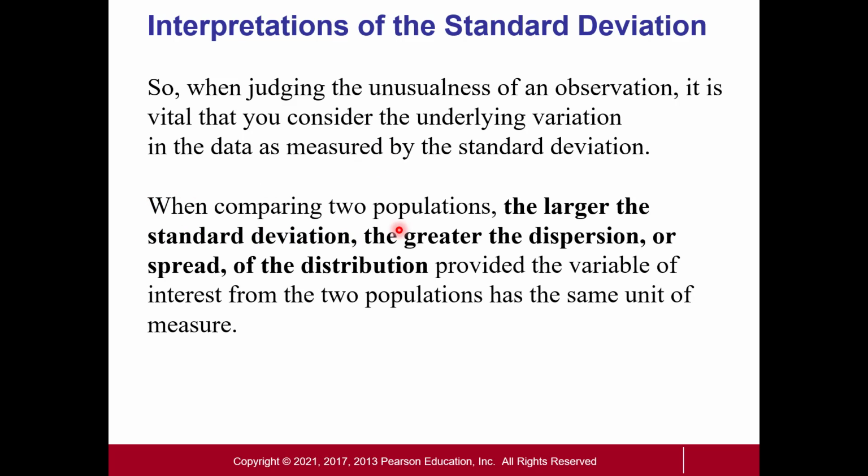If we're comparing 2 populations, the larger standard deviation means the greater the dispersion, or spread, of the distribution, provided the variable of interest from the 2 populations has the same unit of measure. So if we have a larger standard deviation, the data is more spread out.